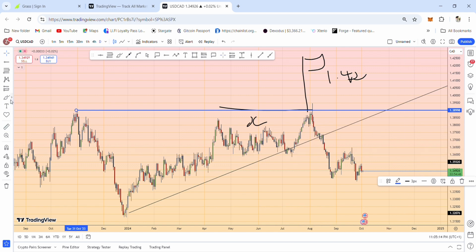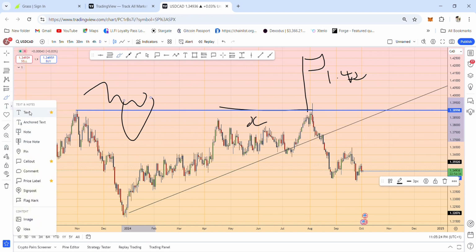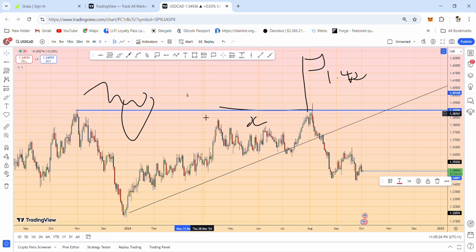You can have your brush to draw. Text, you can write text on it. Those are charting tools, what you use to analyze, right?